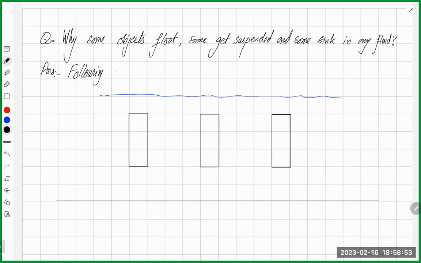Following objects have... just hold on for a second.